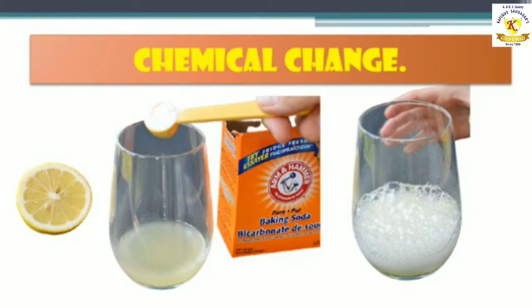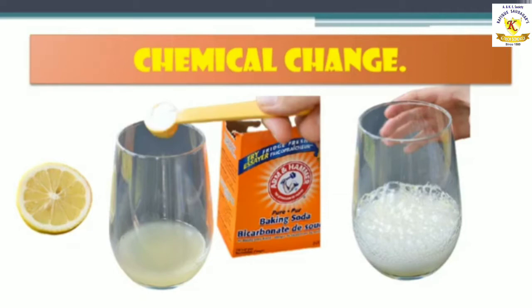So at the end of this activity, the taste of the substance was different, meaning its composition was different. Thus, during the above change, the composition of the original substance changed to form a new substance with different properties.